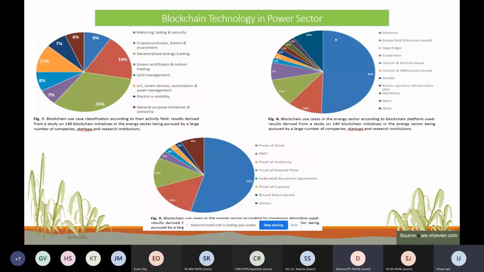So all these things are basically the result of the case studies we have done in this particular technical brochure, and it shows a sample. And basically, you can see the business cases in all these things, which fabric you want to use, which consensus mechanism you want to use, and which are the areas where you mostly get the benefits of blockchain technology in the power sector.